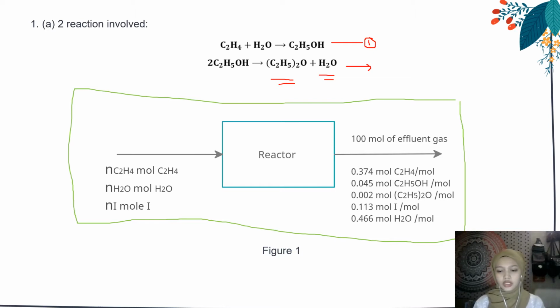From this flowchart, we know that there are three unknown variables that we must find, and the composition of the effluent gas is given in the question.